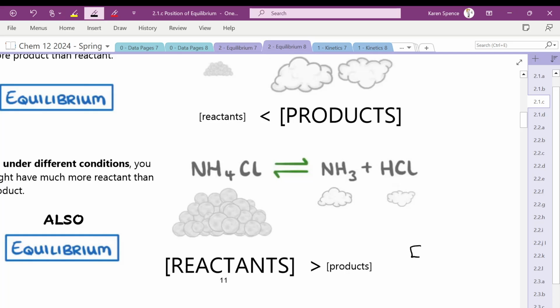If we take the concentration of the products and we divide it by the concentration of the reactants, we get a ratio, yes?